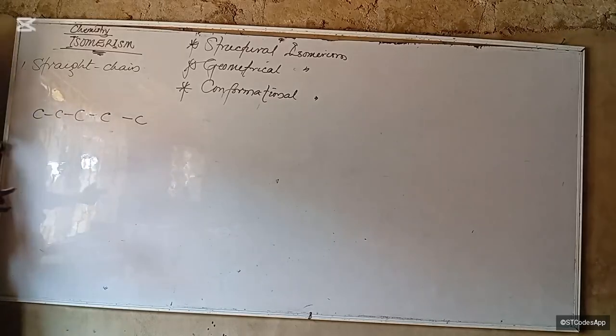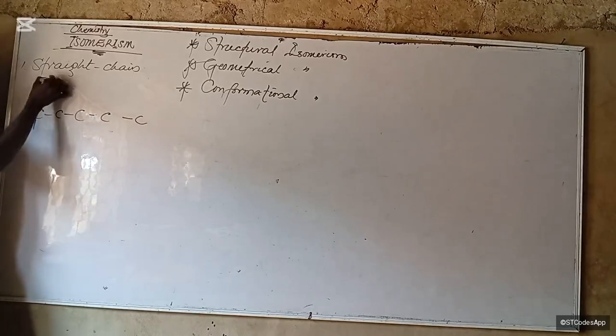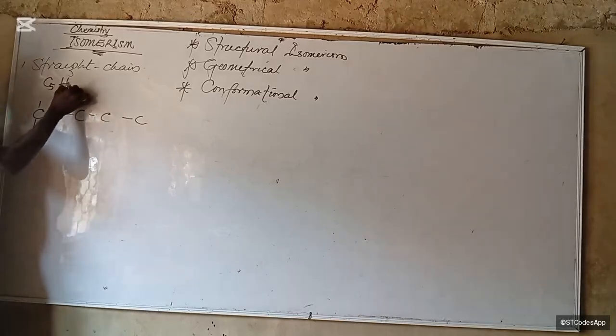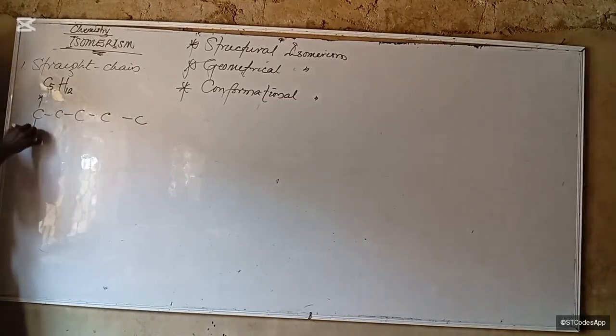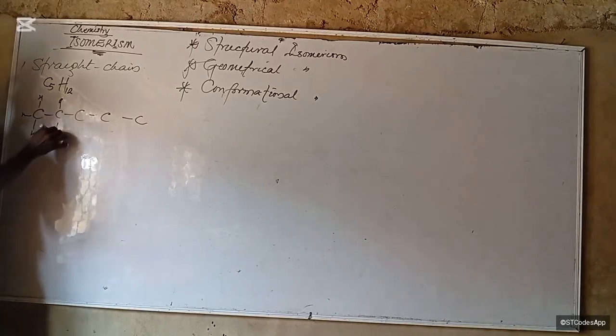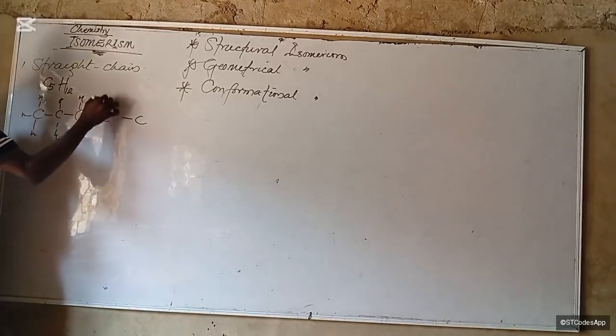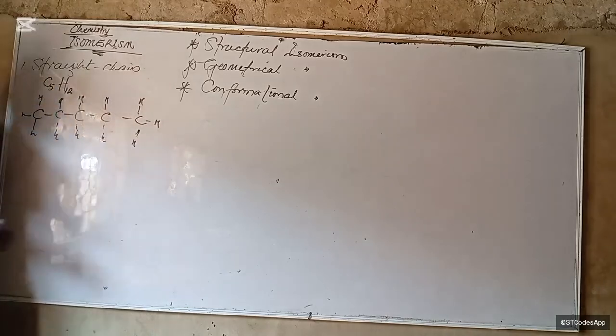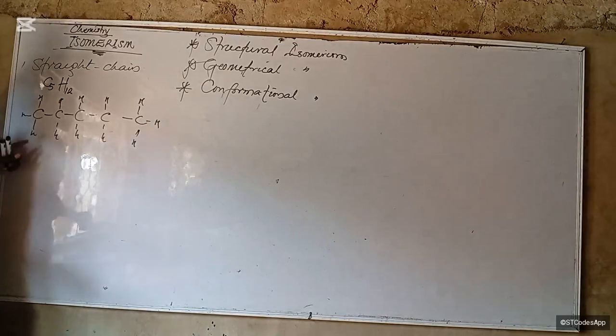We have 5 carbons, so that'll be C5H12. So we have 1, 2, 3, 4, 5, 6, 7, 8, 9, 10, 11, 12. Do you get it? Now this is pentane.